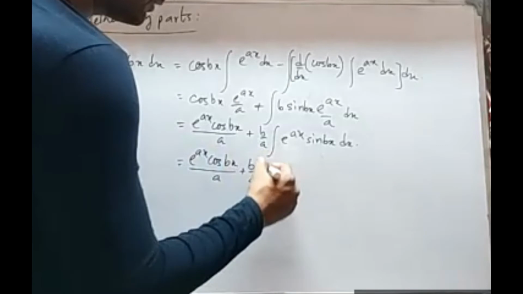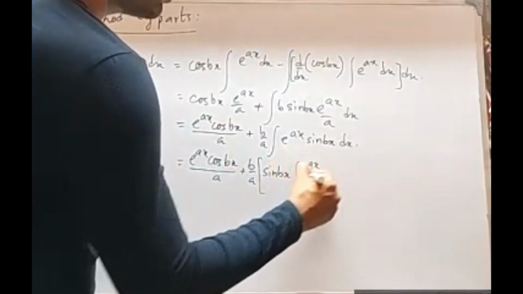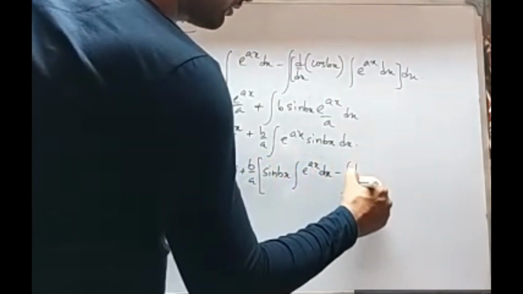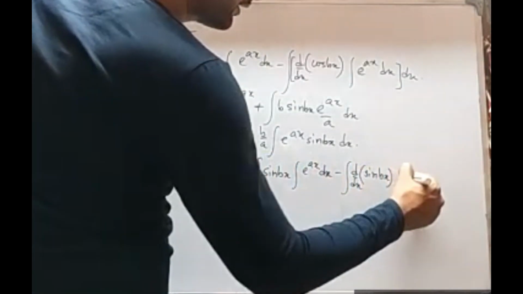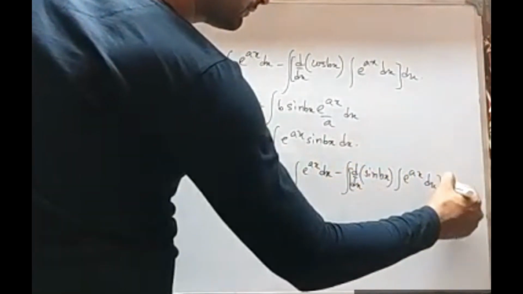So the same thing, sin bx is now outside, e to the power ax needs to be integrated, minus d/dx of sin bx is there, and integration of e to the power ax is here, whole integral.